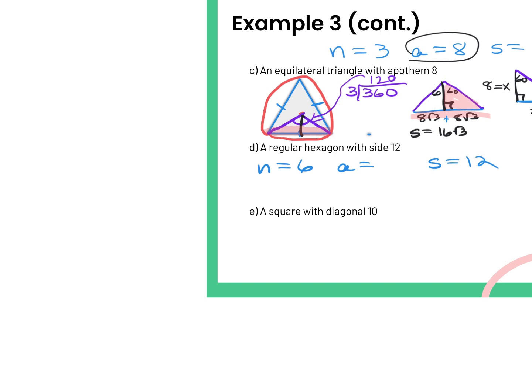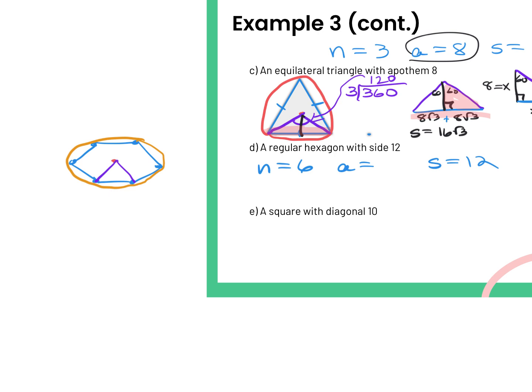So here's my hexagon. I'm going to add in the center point, because again, remember, this guy is circumscribed around a circle, and to form the central angle, you need to draw in 2 radii into 2 consecutive vertices.